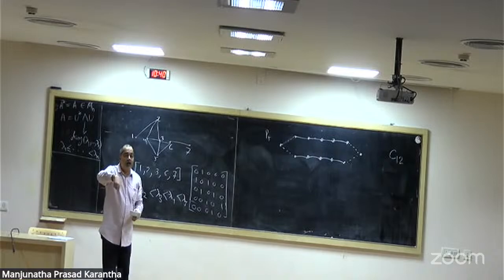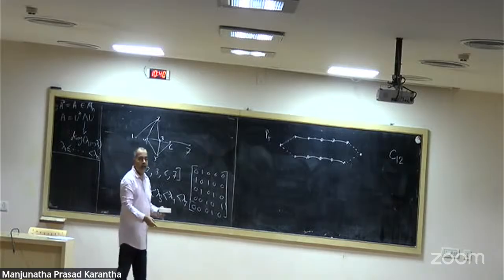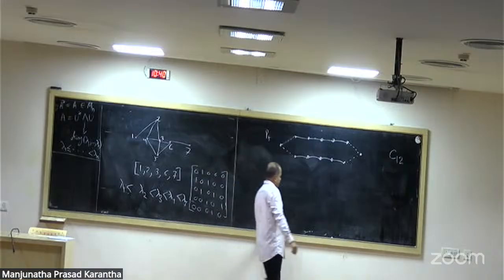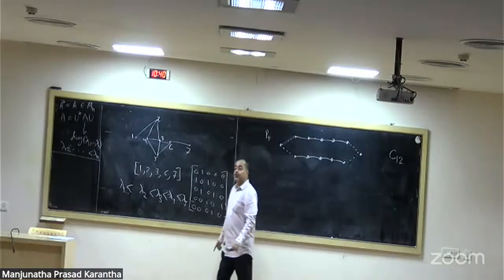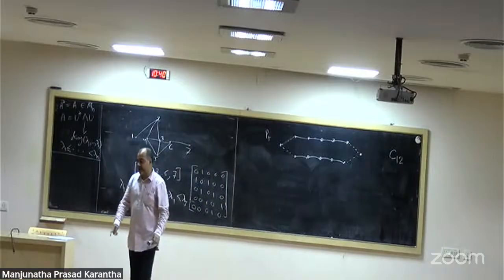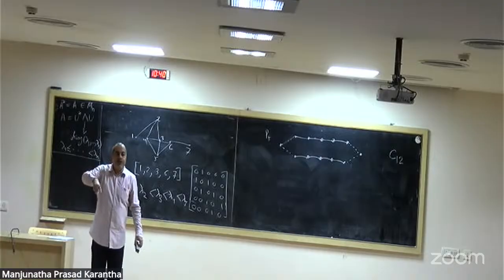Now those are all eigenvalues of the sequence. 2 cos 8, yeah, to get eigenvalues correct. That is correct. The eigenvalues of the sequence adjacency eigenvalues.